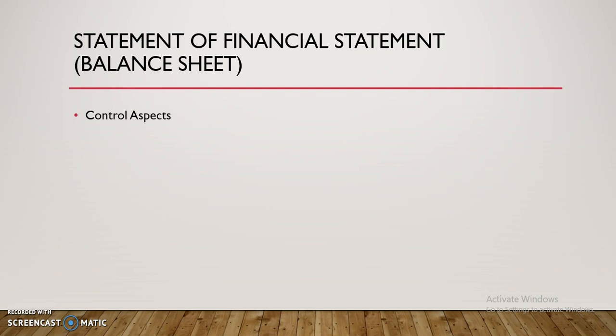It may happen that you have invested $100,000 in one of the companies or one of the investment schemes, but that investment scheme is not worth even 10,000 now, but in your balance sheet you are still showing 100,000. So that's not a true and fair view of the balance sheet. But again, it depends on how big the size of the balance sheet is.